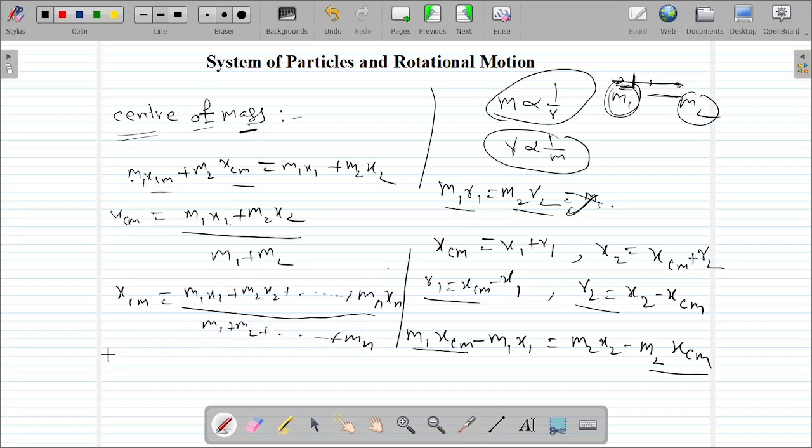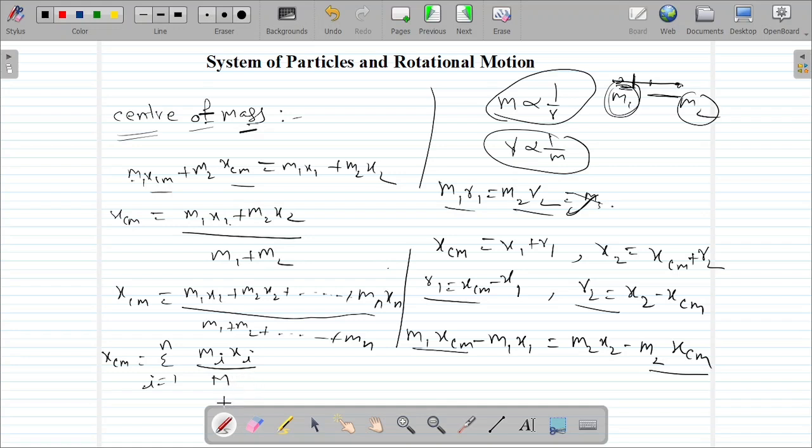This simply will be written as, for n particles, summation i equal to 1 to n mi xi by capital M. Capital M is the total mass. Okay, whatever the total mass we are going to get. So mi xi by M, where M is the total mass.